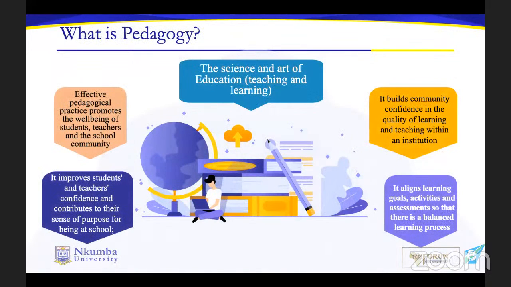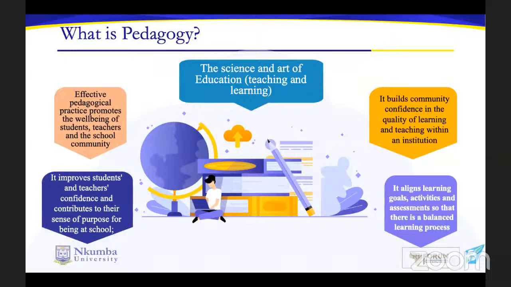This is the reason why we need to understand the pedagogy around what we do. Pedagogy is just the science and art of teaching and learning. So when we talk about e-pedagogy, we are trying to find out what is that art of teaching and learning.